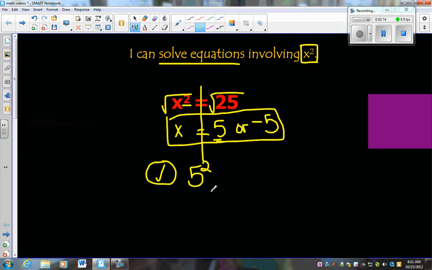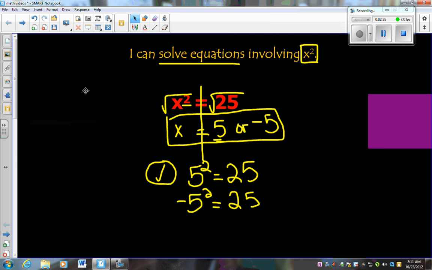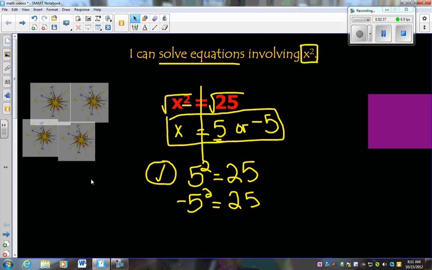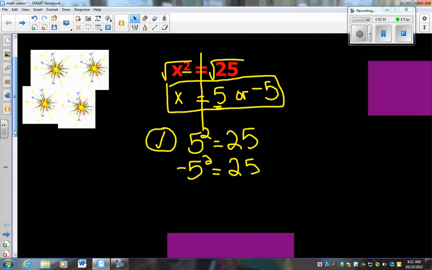So if I take 5 squared, 5 times 5, I get 25. And if I take -5 and I square it, I do -5 times -5. I know that -5 times -5 is also positive 25. So sure enough, I am correct, which of course makes the drum roll and the fireworks go off because I am so extraordinary.